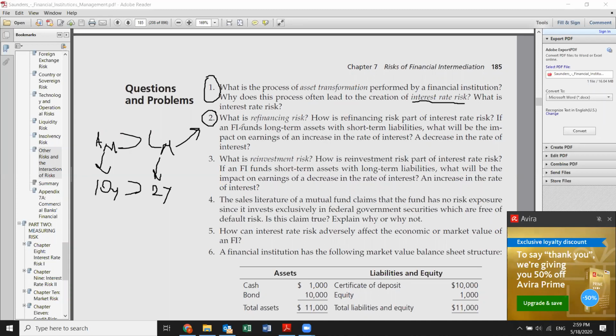Because if the interest rate increases, you have to pay a higher deposit rate. However, you already provided the loan at a lower interest rate, and definitely it will impact your net interest income. How it works in a real example with numbers, we're going to see a little bit later. So this is the case of refinancing risk.